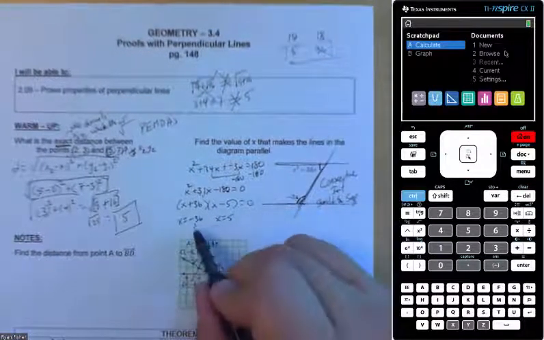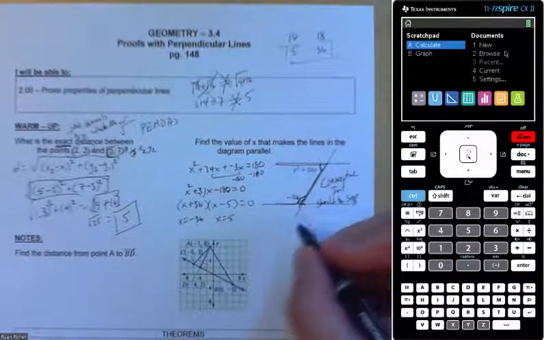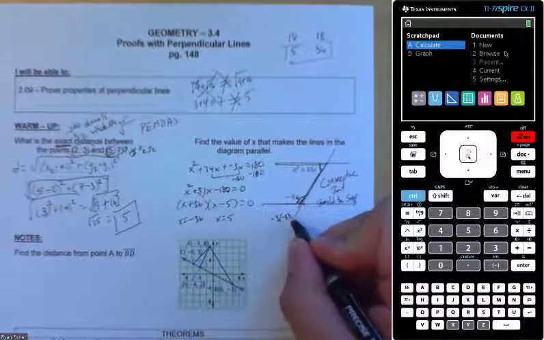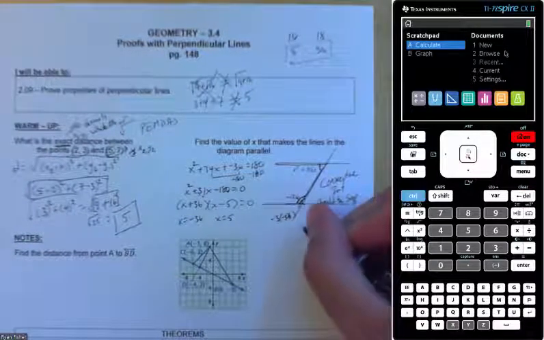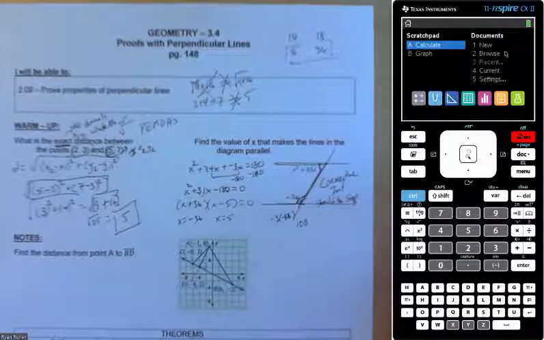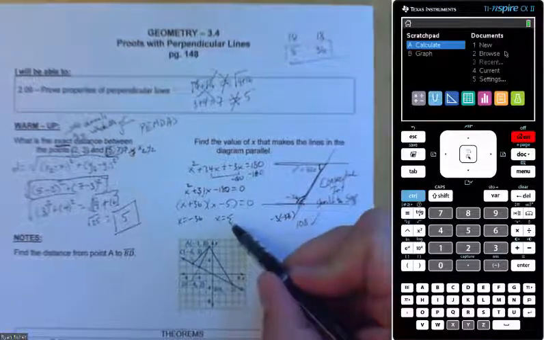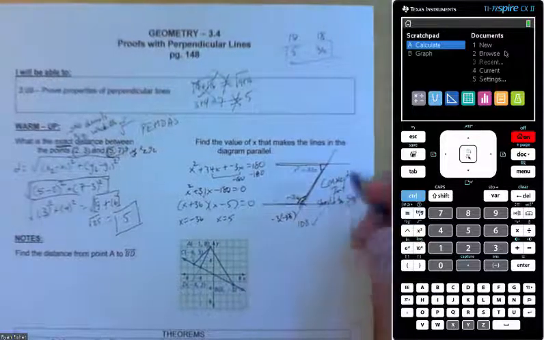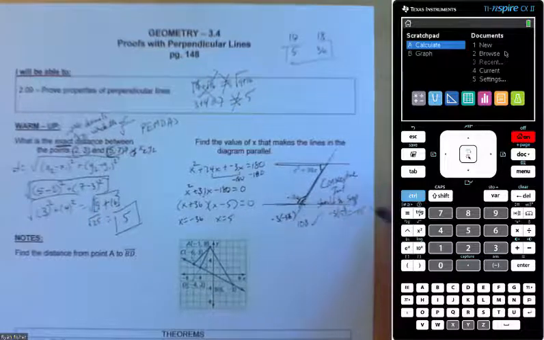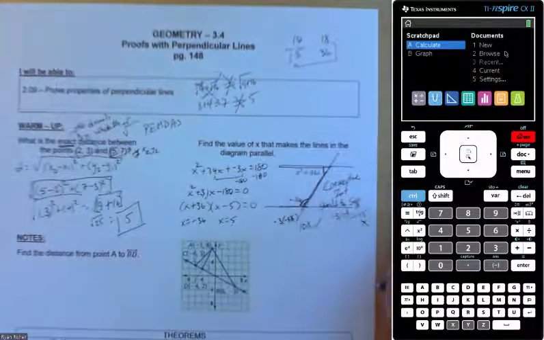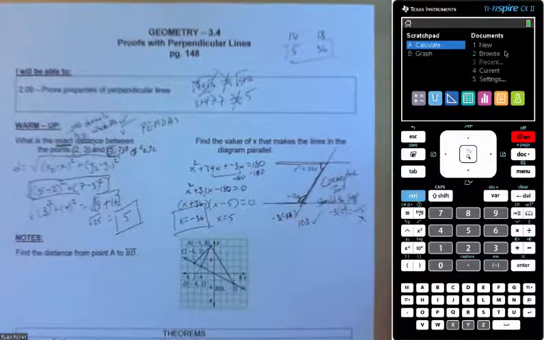If I plug in negative 36, negative 3 times negative 36 will be a positive value, I believe 108. That is perfectly fine. If I plug in positive 5, I get negative 3 times 5, which is negative 15, which is not okay. So I think x equals negative 36 is my winner.